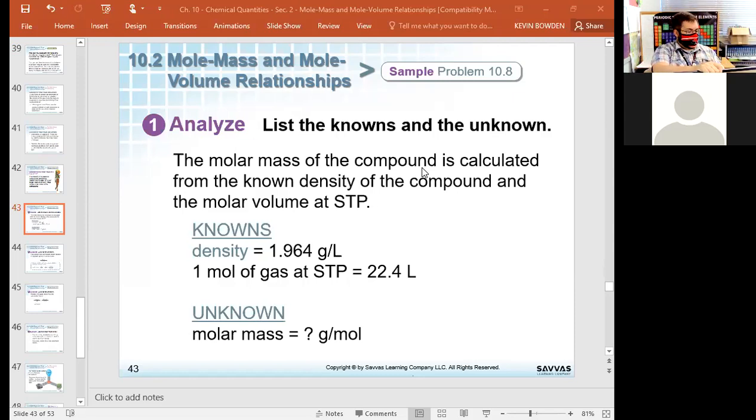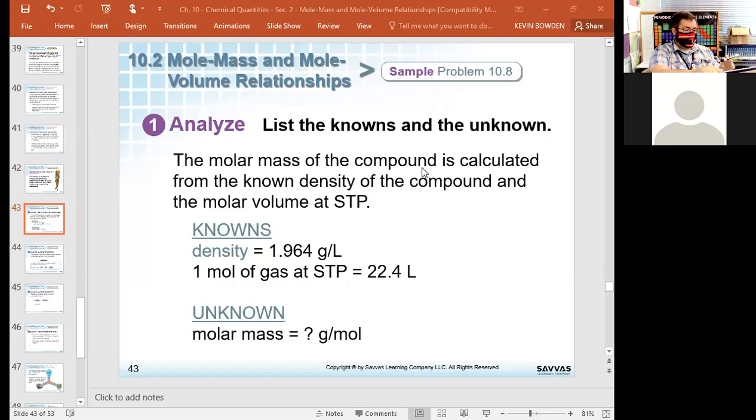Now, what do I not know? What is unknown is going to be the molar mass. So what's the molar mass? We can use a capital M for that. Molar mass is going to be grams per mole. The key thing here is look at your dimensions, look at your units.